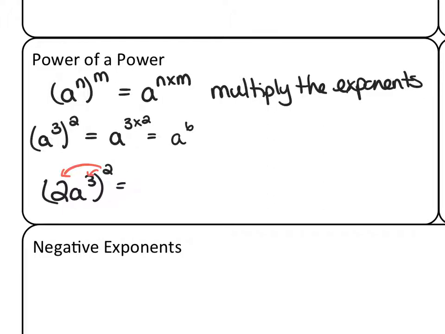So it actually becomes 2 to the 2, a to the 3 times 2. And you're going to actually evaluate that 2 to the 2, so it becomes 4a to the 6. Okay, so watch out for that, especially if you have a number in front there. That exponent on the outside has to be applied to that as well.